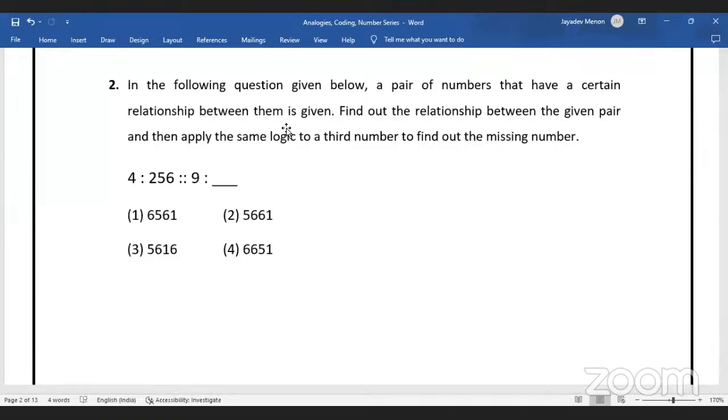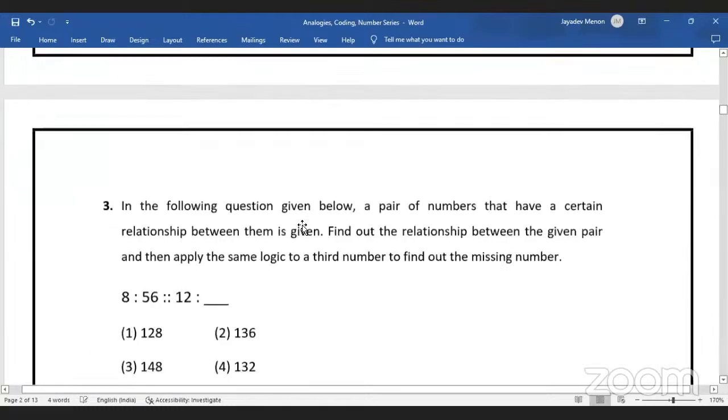So what is the relation between 4 and 256? 256 is 4 to the power 4. So 4 and 4 raised to 4. In the same way, here this should be 9 raised to 4. 9 raised to 4 is 6,561. Option 1. So option 1 is our answer.